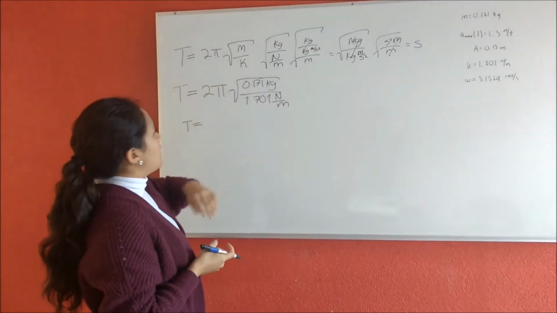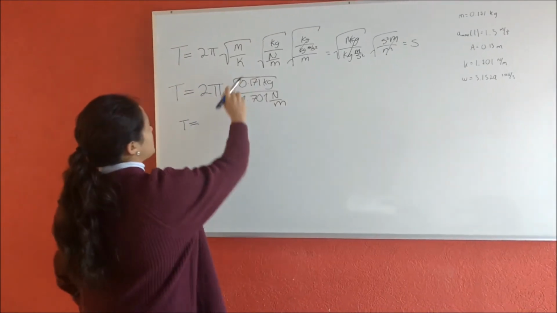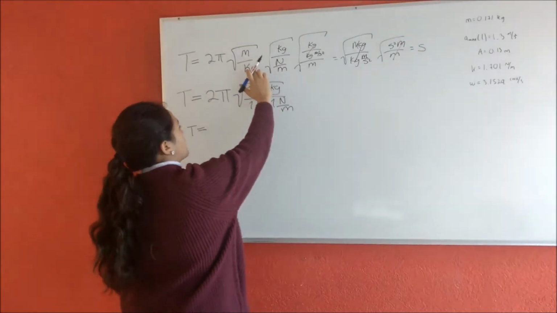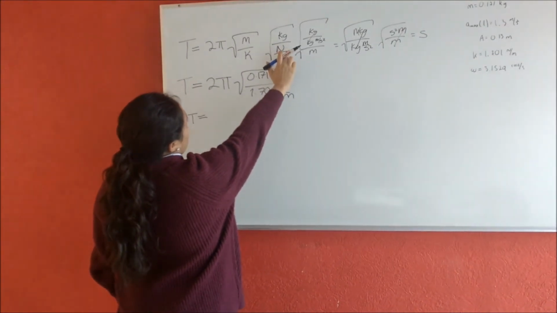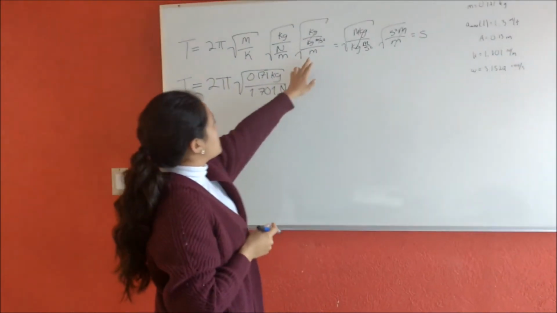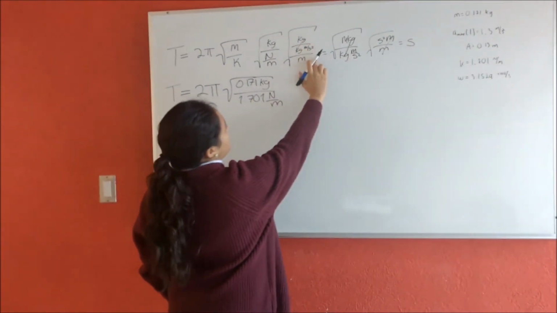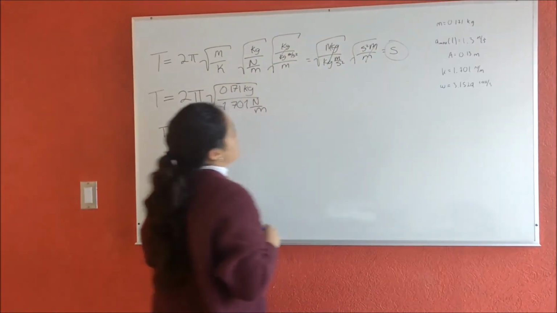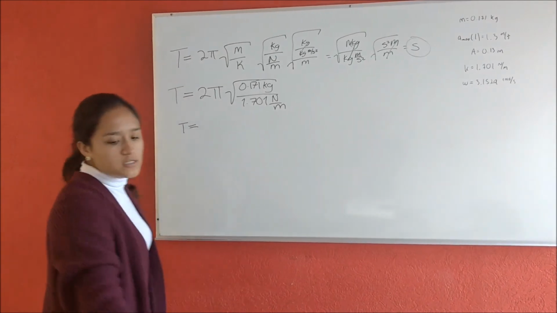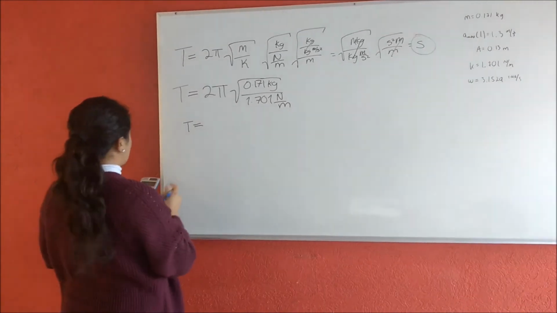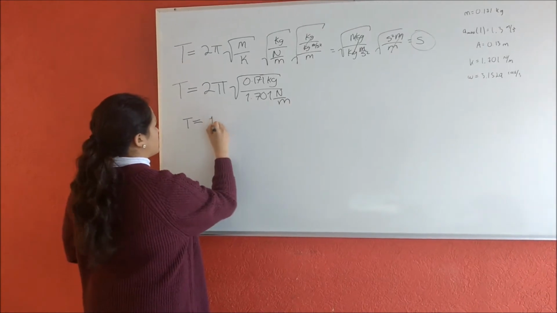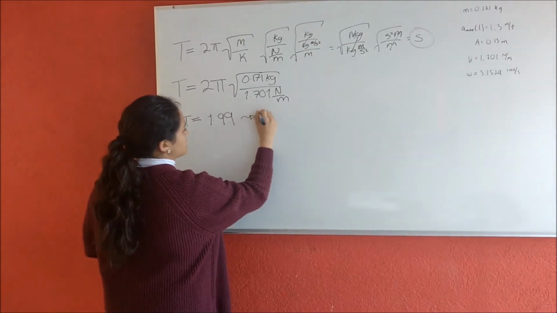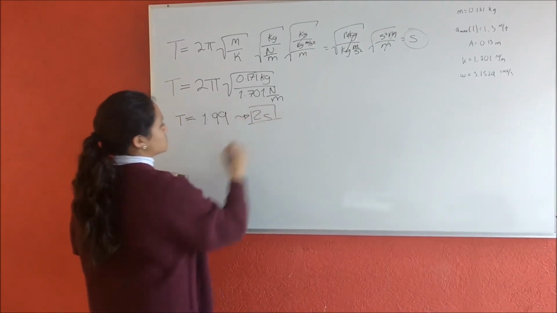And well, if we analyze the units, we can see that the mass is in kilograms, and the units of the constant are newtons over meters. And then if we simplify this, we will see that at the end we obtain seconds as a result. And then solving this equation, we have that the period is equal to 1.99, or equal to 2 seconds.